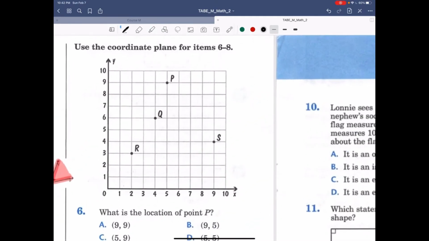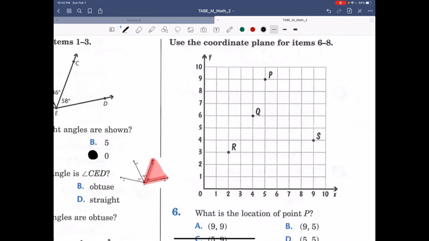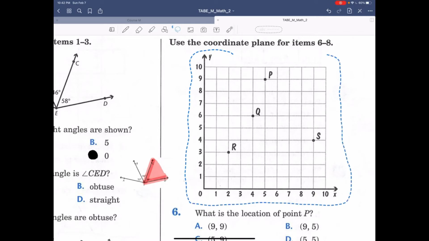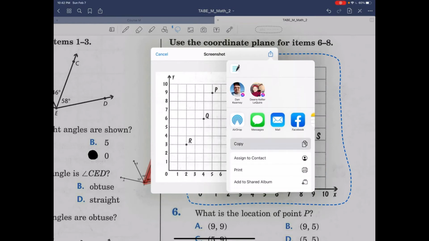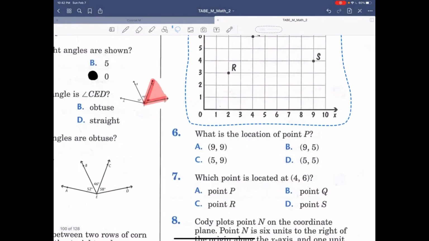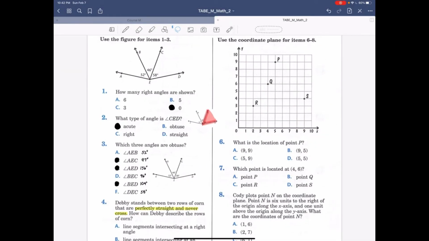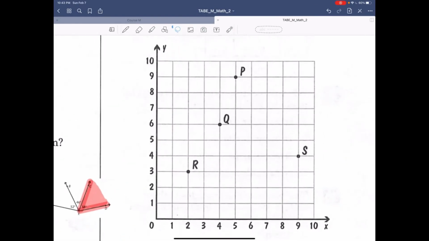Number 6. Use the coordinate plane for items 6 through 8. So let me take a screenshot of that one. What is the location of point P? Okay, if you look at this one, point P is over here at 5 and up to 9.